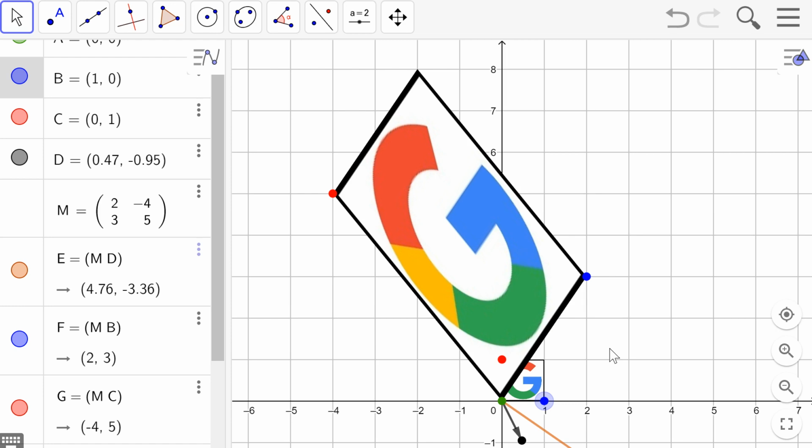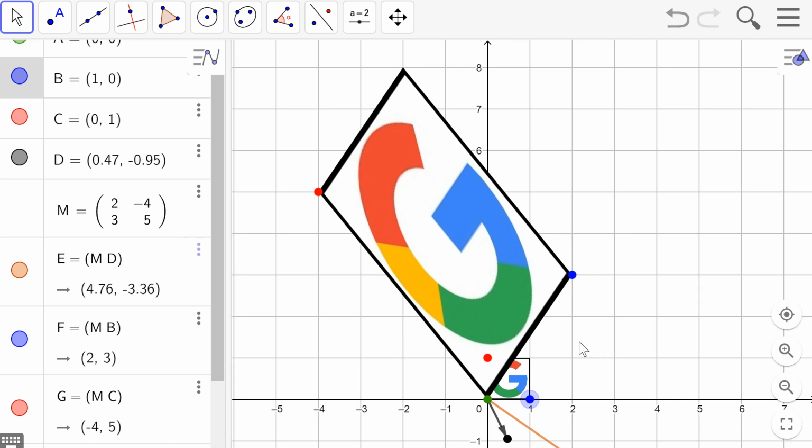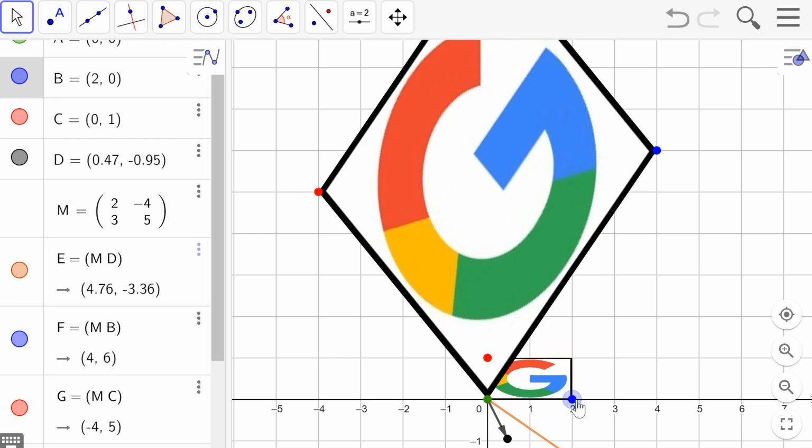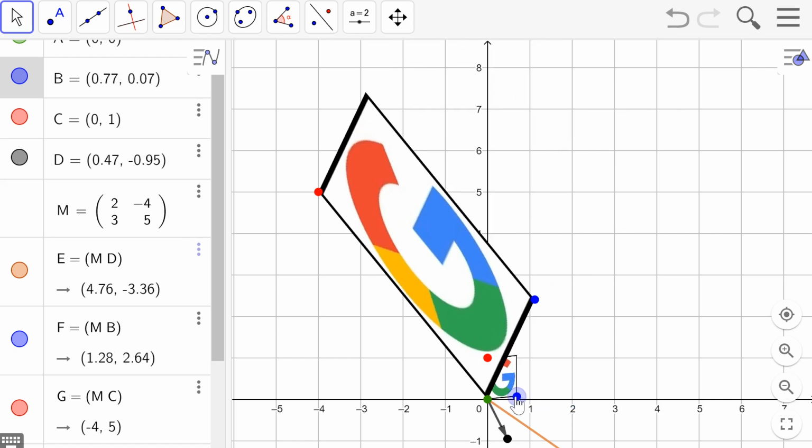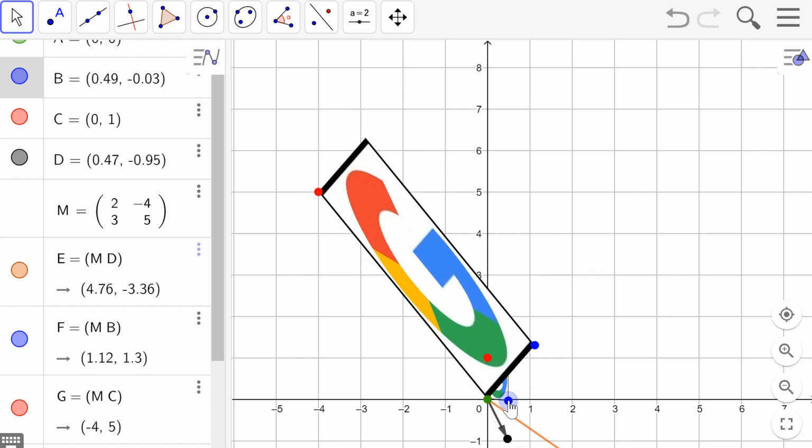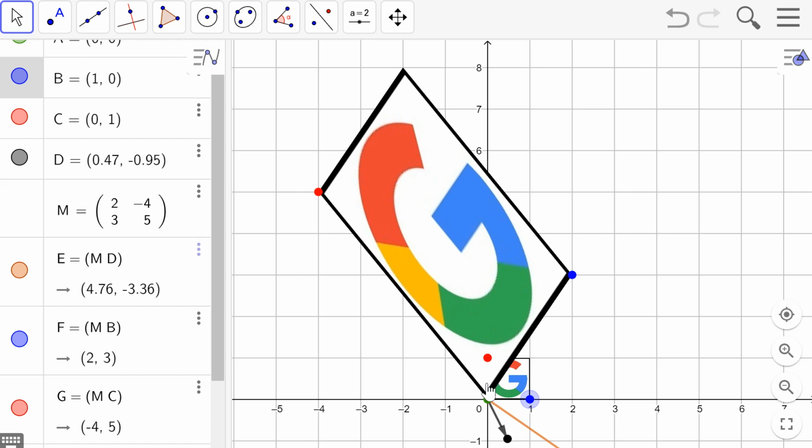Before I finish, let me mention one thing real quick. My original Google icon has area 1 at the moment. If I make it twice as big, my image is going to be twice as big. If I make it half as big, my image is going to be half as big.